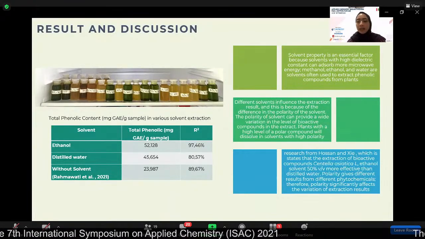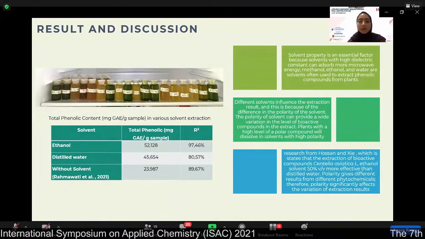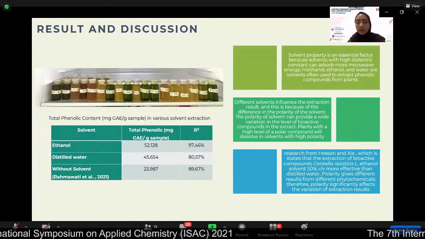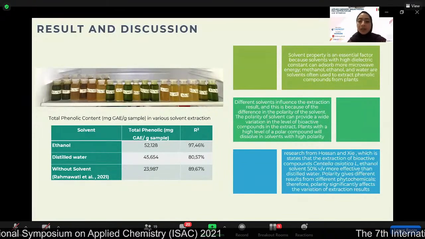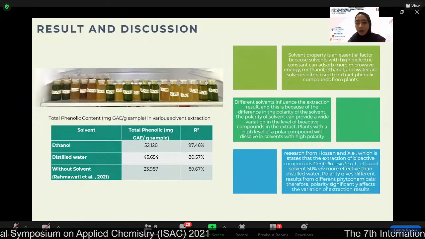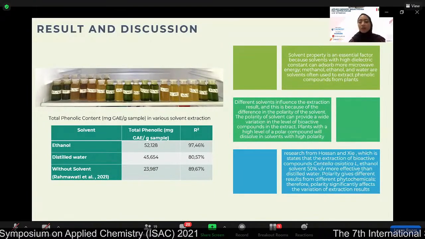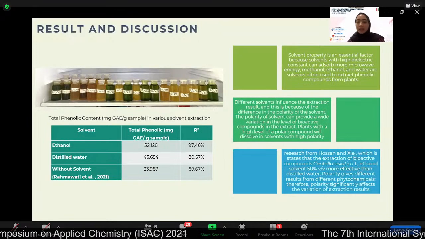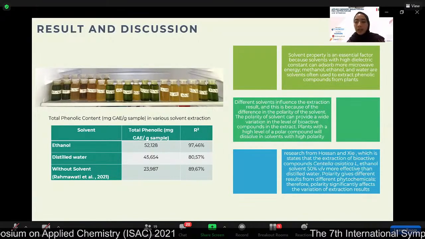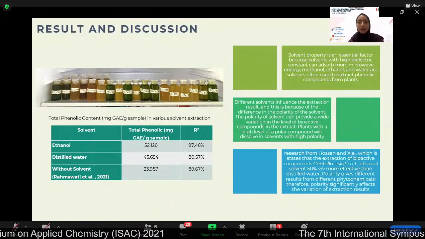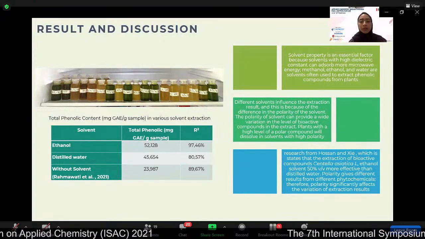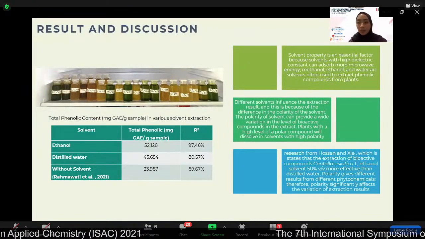A solvent with a high dielectric constant can absorb more microwave energy, and different solvents influence the extraction result. This is because of the differences in the polarity of the solvent. The polarity of the solvent can provide a wide variation in the level of bioactive compound in the extract. A plant with a high level of polar compound will dissolve in a solvent with high polarity.